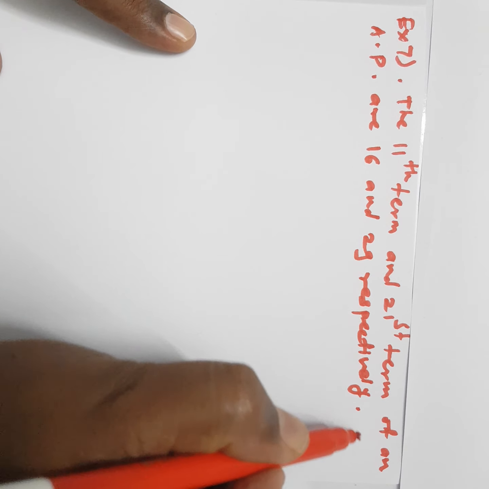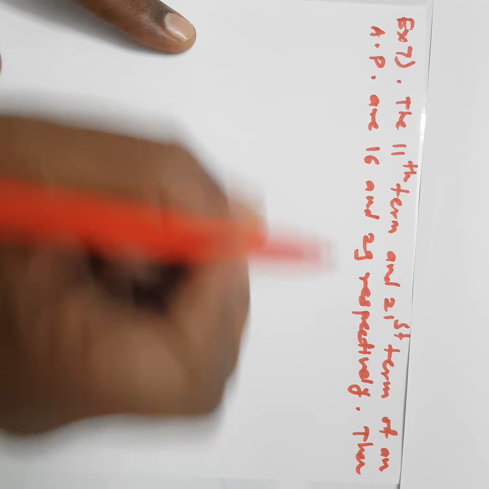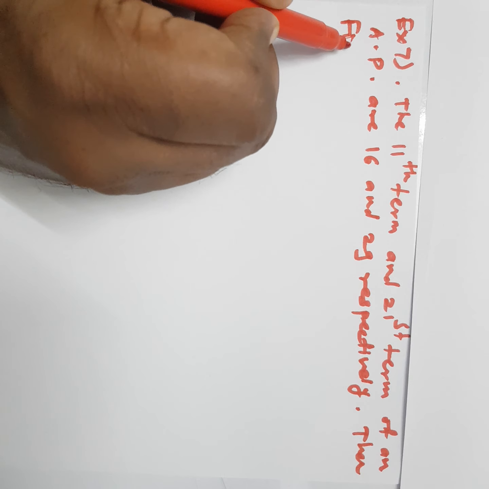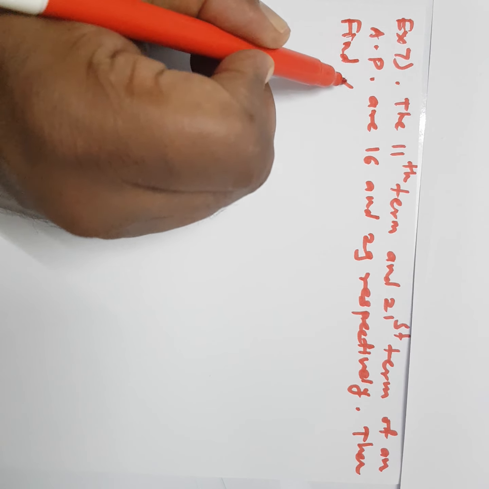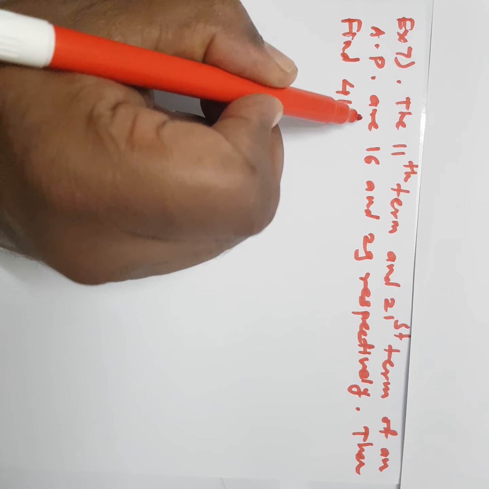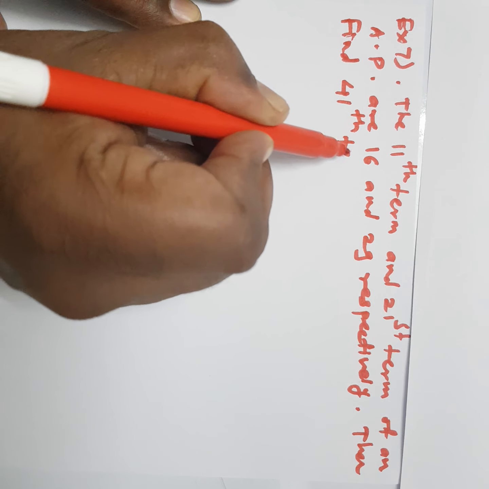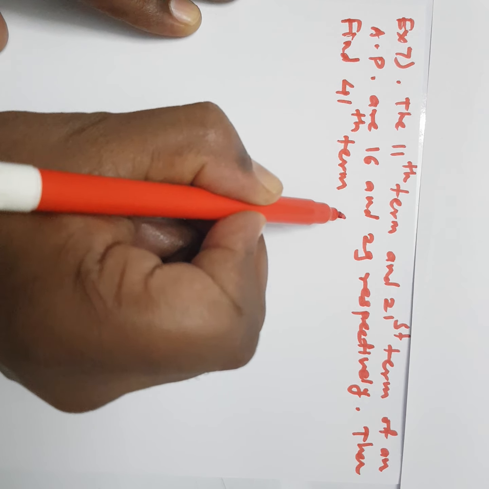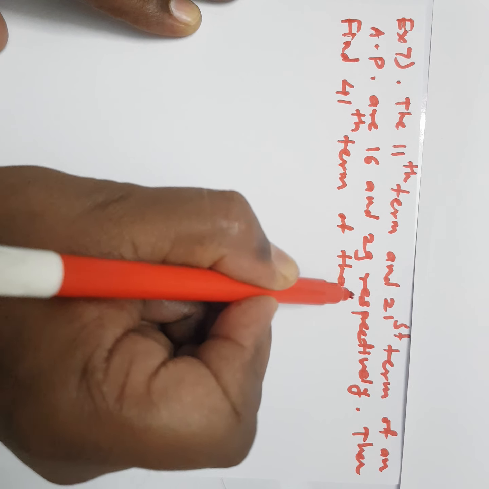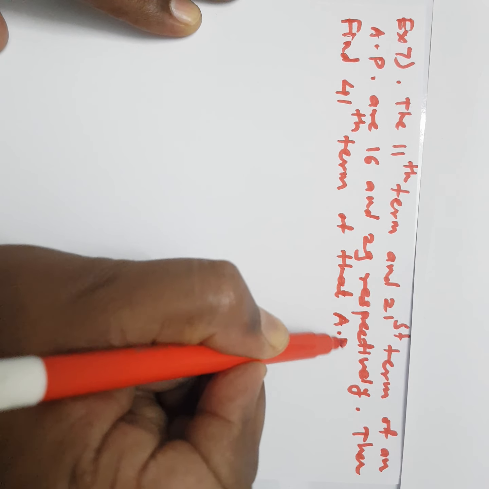Then find the first term and the 41st term of that arithmetic progression.